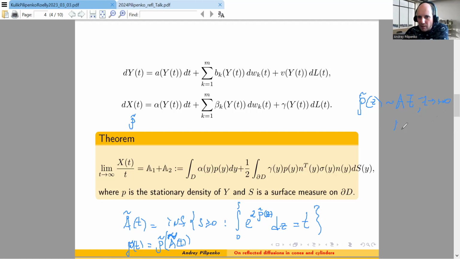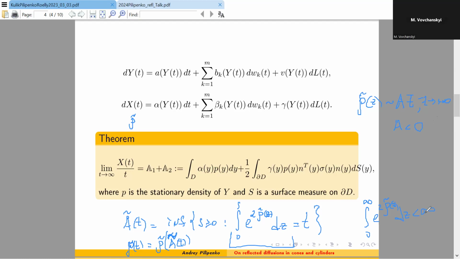If this constant is negative, then the integral from 0 to infinity of e to the 2 rho tilde of z dz is convergent. And if this integral is convergent, what is the hitting time of 0 for the transformed process?